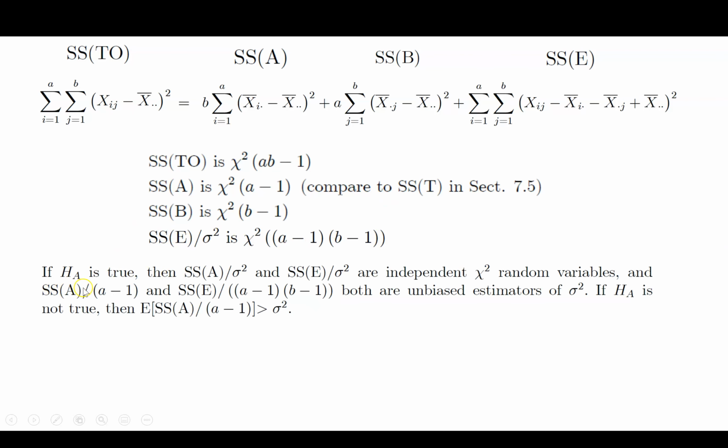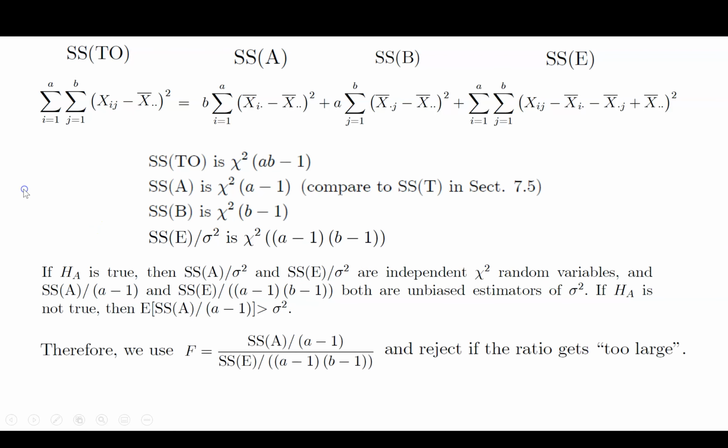So if our null hypothesis is true for the A's, then both of these are independent chi-squared random variables, so that if I divide out by the degrees of freedom and move the sigma squared out, we get unbiased estimators of sigma squared. So if we do the ratio of those two pieces, if they really are independent and there is no row effect, if H_A is true, the ratio here should be close to 1.